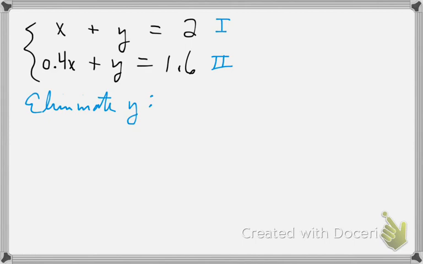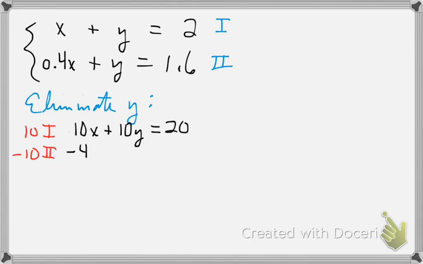So I could do 10 times the first one and negative 10 times the second one. You guys agree? That would be 10x plus 10y equals 20. And then that would be negative 4x minus 10y equals negative 16.